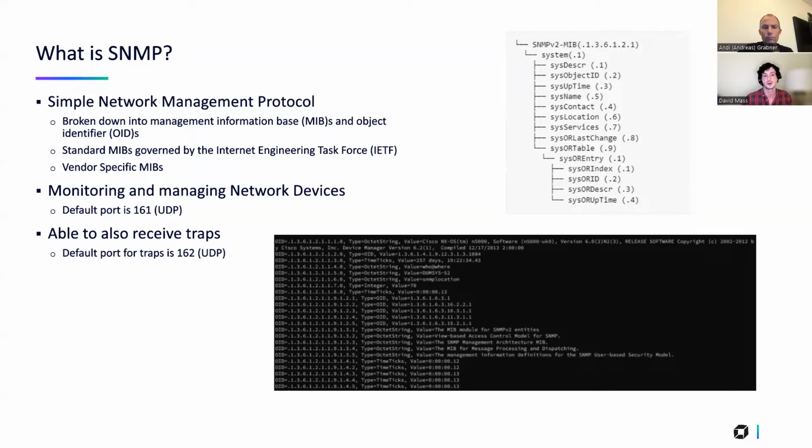This is more of those devices sending information to a trap receiver, and I can go over that in a little more detail on the next slide, but that default port is 162. I will also note that it is UDP, so that's send and forget. There's no guarantee with those.